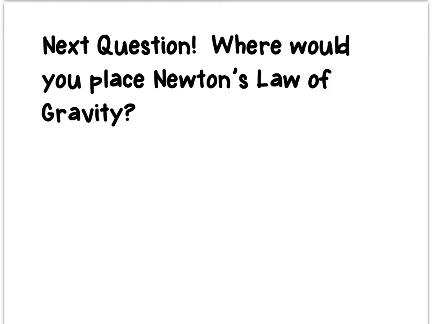Here we go. Where would you place Newton's law of gravity? Now, Newton's law of gravity states that every object on this earth has a center of gravity and is pulled towards the center of the earth. Where would Newton's law of gravity go?